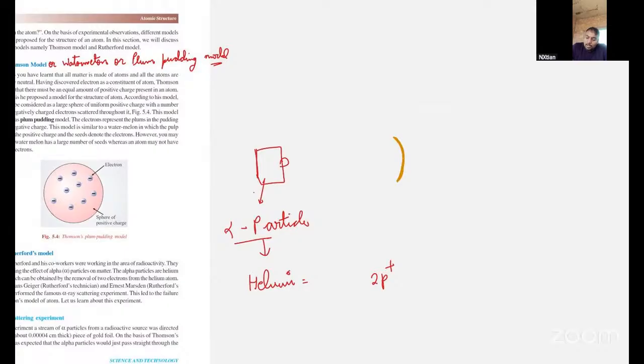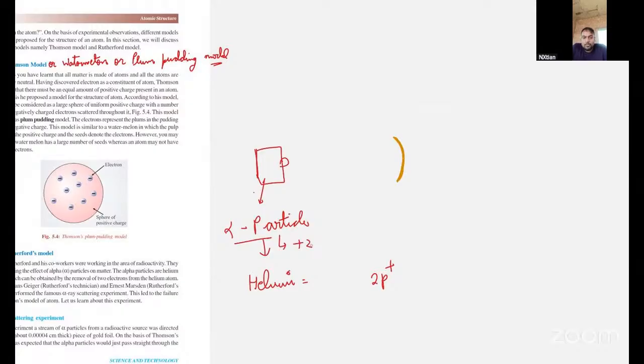If I talk about 2 electrons and 2 protons, what is the charge on the atom? 0, because plus 2 minus 2 becomes 0. If I remove the minus 2 charge, what is the charge on the atom now? Only plus charge is there. So what is the alpha particle charge? Alpha particle charge is plus 2. Are you getting this?